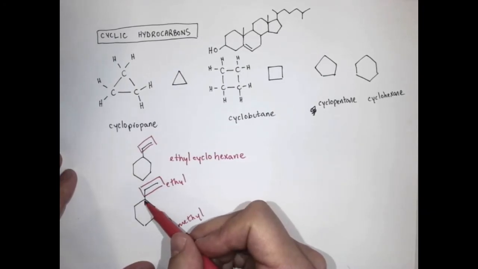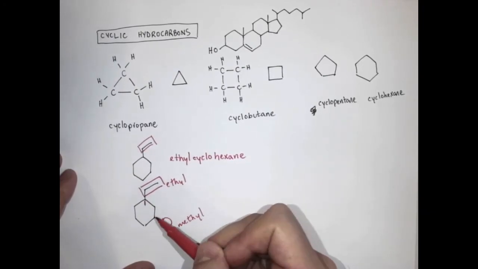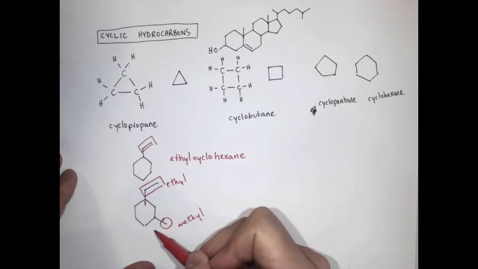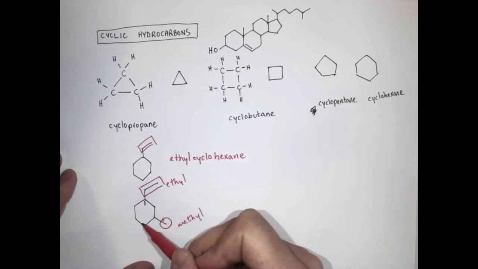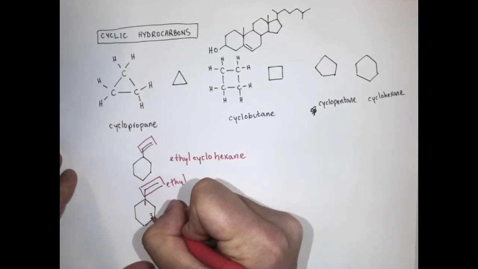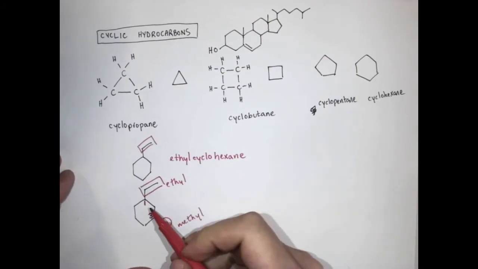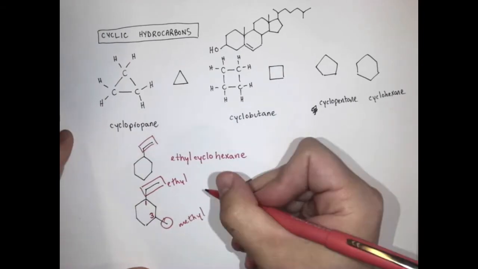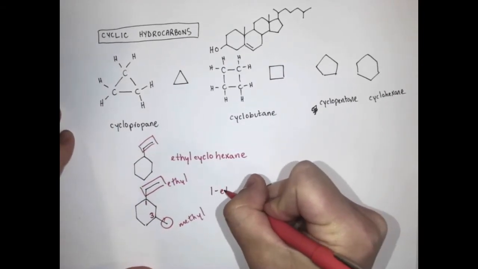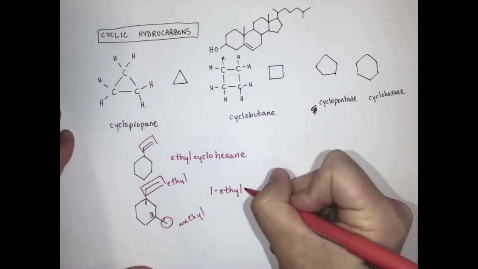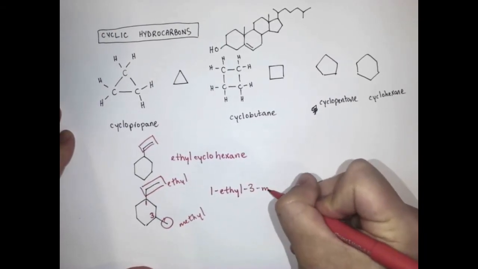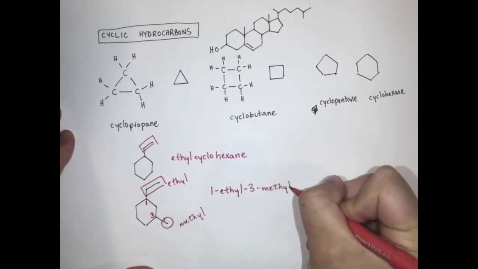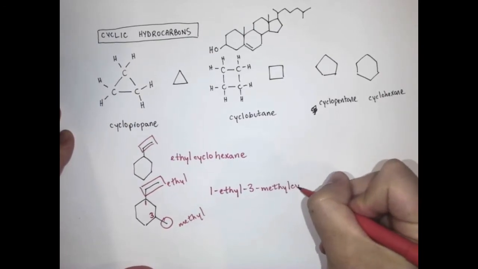That's wrong because then my groups would have 1 and 5. I want to go the other way. 1, 3 is better than 1, 5. So when I write this out, it'll be 1-ethyl-3-methylcyclohexane.